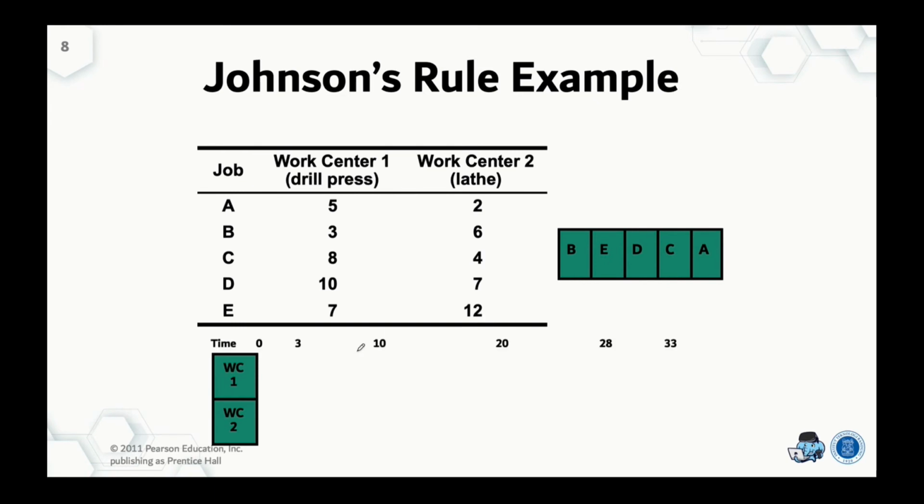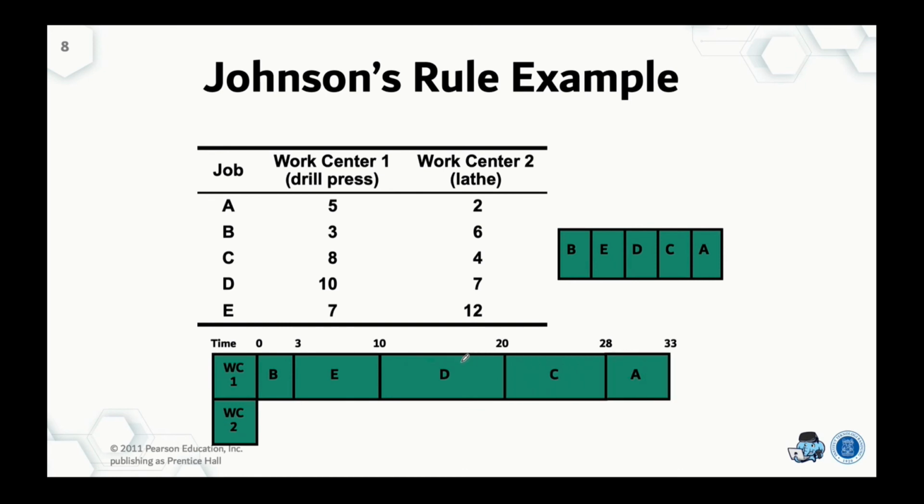If we draw this into the Gantt chart, we will have the sequence like this. The jobs pass through work center 1 and then continue to work center 2, like this: B, E, D, C, and A in work center 1. Take a look at how we put it into the Gantt chart for work center 2.